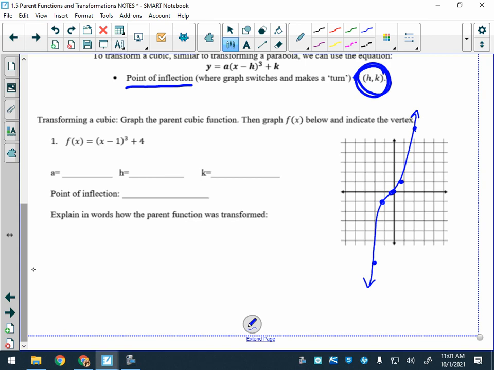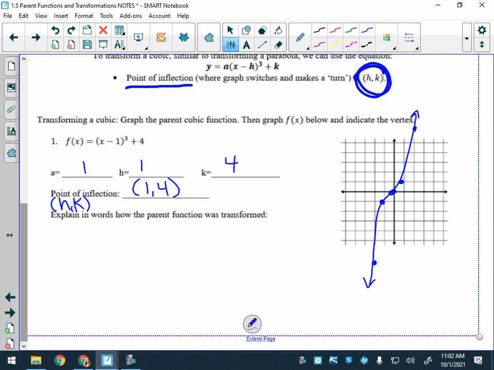So, what's my A value? 1. Grace, what's my H? Good. Rory, what's my K? 4. So what is my point of inflection? Andrew? 1, 4. Okay, and again, that's HK.